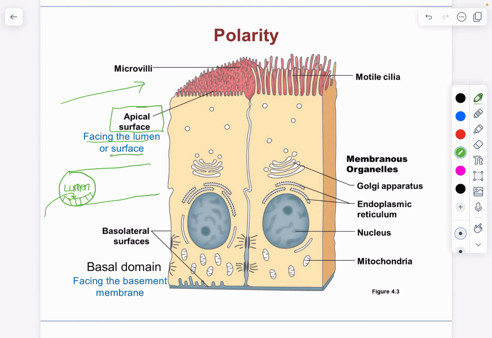That's that side. The apical domain is also the side where you're going to find microvilli if they're present and cilia if they're present. Remember those surface modifications that we talked about on day 1? Those are on the apical domain.